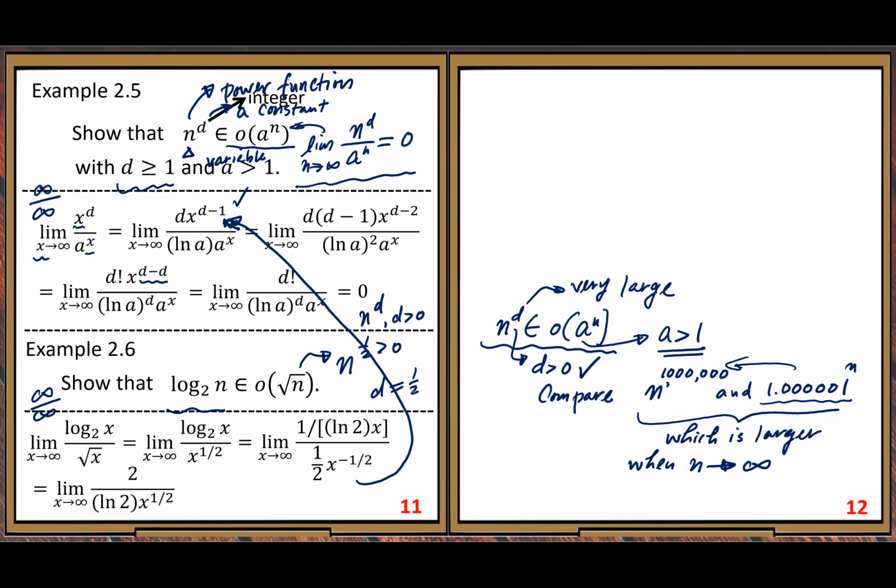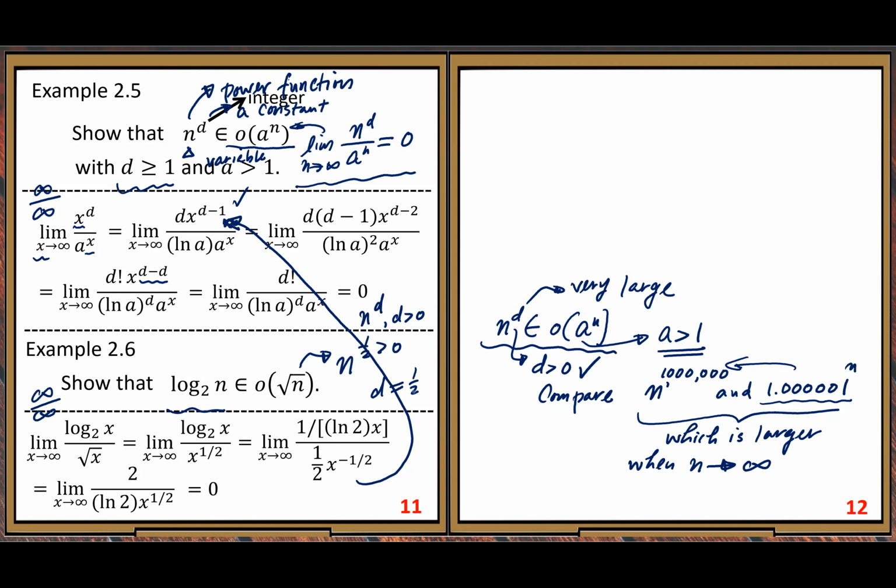After simplification, we get this expression, but this fraction is not an indeterminate form. So do not apply L'Hopital's rule another time. The numerator is a fixed number, 2. The denominator goes to infinity. So a fixed number over infinity is 0.